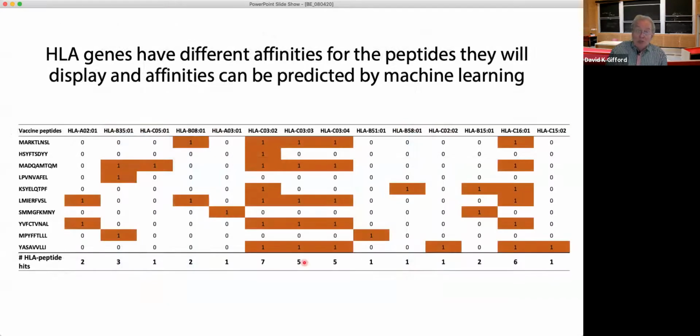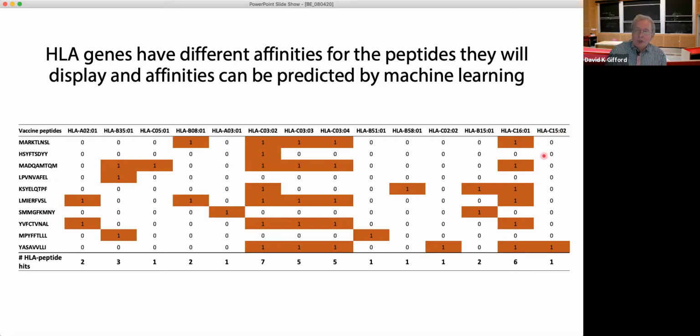So if we think about this, we can use machine learning methodologies using a great deal of training data that's been developed over the past 20 years to predict, for all of these alleles, which of the vaccine peptides, or peptides drawn from the virus, they're going to be displaying. For example, here's one peptide and another one that's being displayed by HLA-A0201, and a disparate display profile is presented by this HLA-C02 allele.